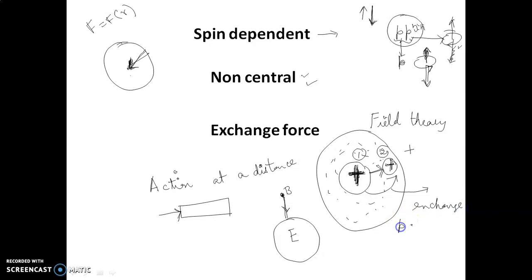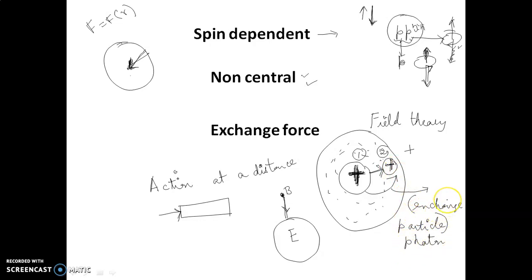Since we are not doing electromagnetic theory here, I will not speak much about this. I will only tell that the exchange particle here is a photon. Exchange particle associated with which force? With Coulomb force, which falls under electromagnetic interaction. So in the case of electromagnetic interaction, the exchange particle is the photon.